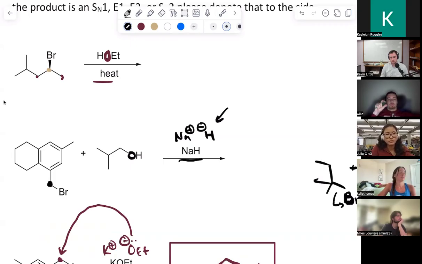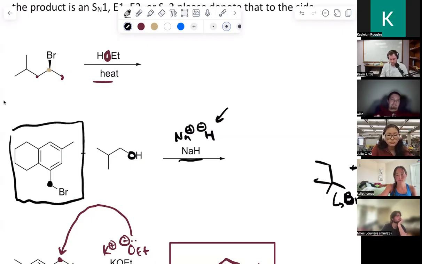Is it because there's not like a charged nucleophile? I don't know. I mean, it could be my charged nucleophile. Could I do an elimination on this electrophile if I wanted to?